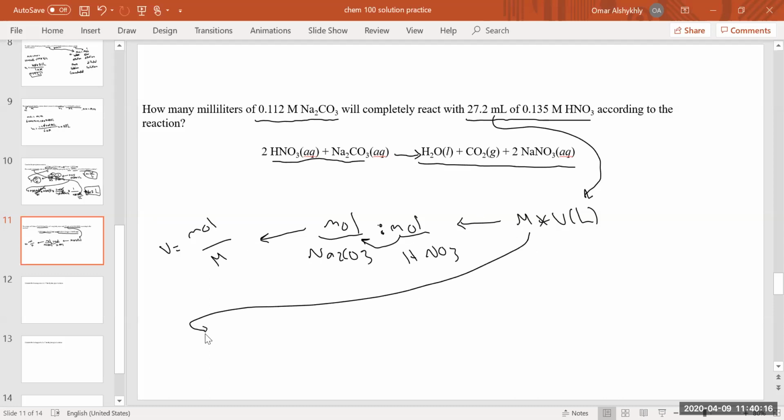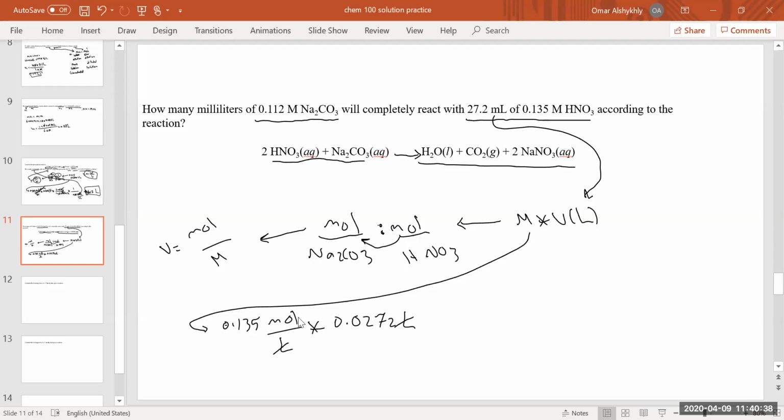Okay, let's start it here. Molarity is 0.135 mole per liter times the volume after you convert it to liter, which will be 0.0272 liter. Liter cancels with liter.